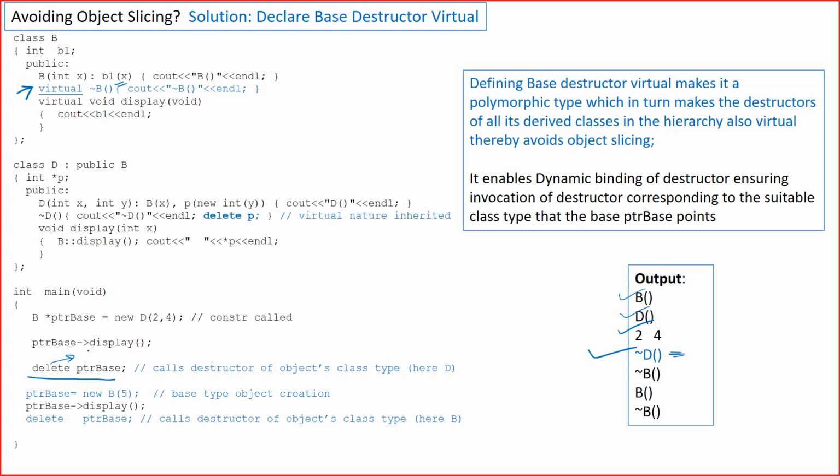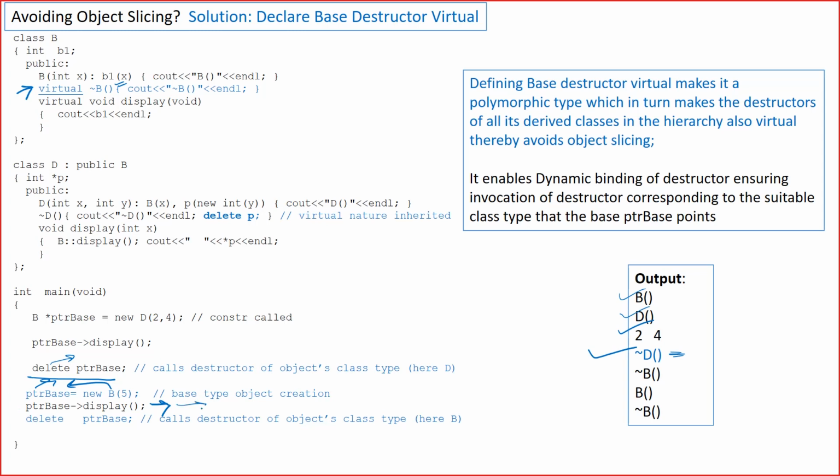Okay, so here is another example where with a base pointer we have pointed to a base object, so both the types match. So this display will call this pointer base display. Which one will it call, B or D?